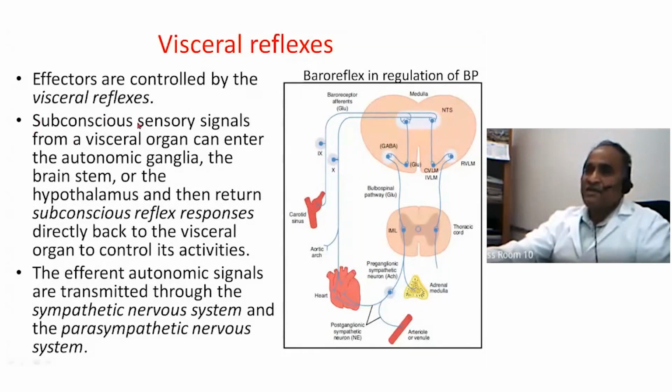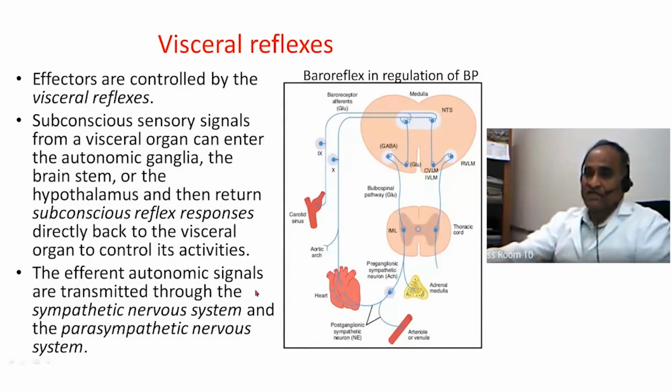They receive subconscious sensory signals from a visceral organ, which enter the autonomic ganglia, the brainstem, or the hypothalamus, and in turn produce subconscious reflex responses directly back to the visceral organ to control its activities. Here, the stretch reaching the medulla gives an inhibitory output, suppressing the sympathetic activity.